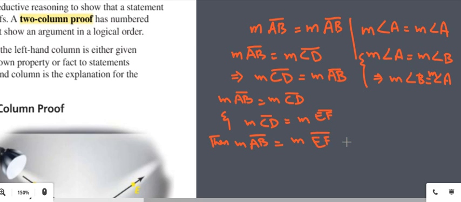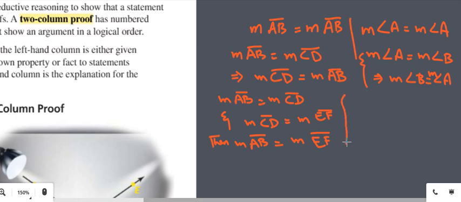That means if this length is equal to this one, and this length is equal to this length, then the first one is equal to the last one. Is it clear?